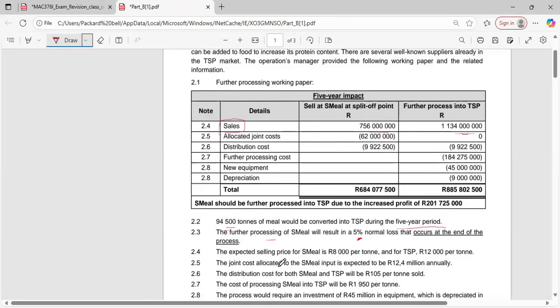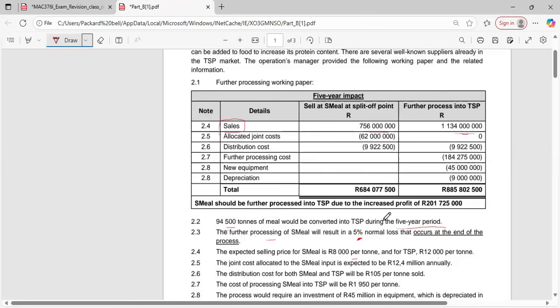Then they say the expected selling price for S meal and for TPS. So let's start with the sales. Let's recalculate the sales for S meal. Are they correct there? Do we have the correct sales for S meal? Are you guys there?